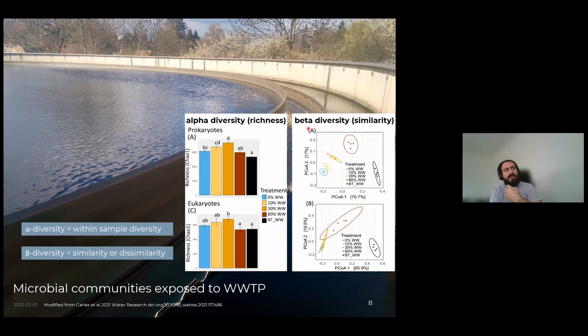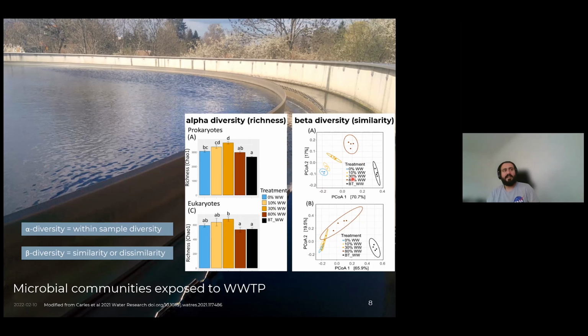On the other hand, in the right figure, you can observe that the degree of similarity decreases as the concentration of wastewater in the experiment increases. You have communities really similar to each other with 0% wastewater, and then those communities start to scatter and become far more different as you increase the level of wastewater.